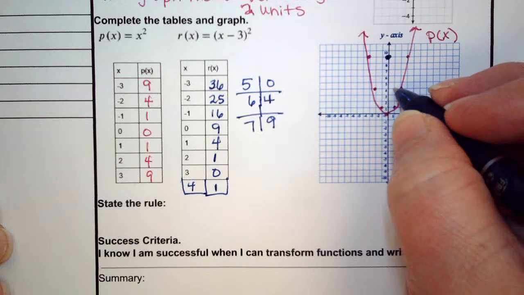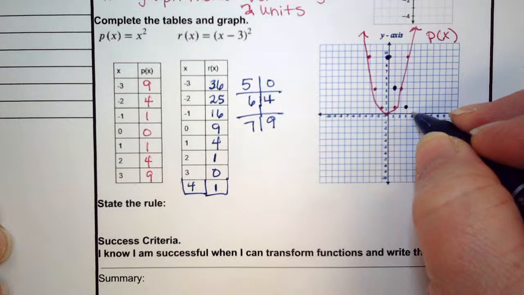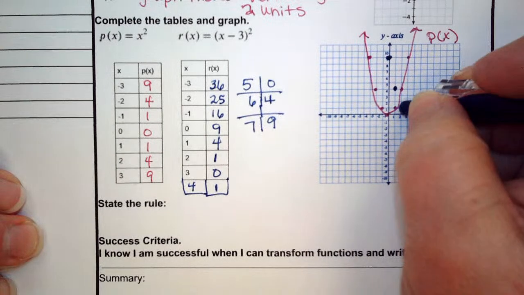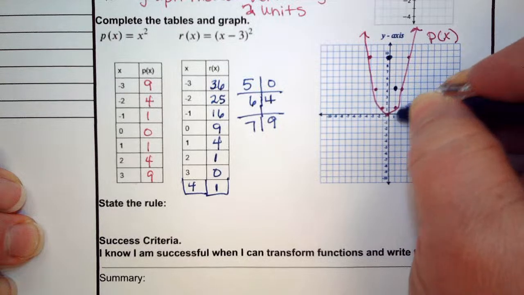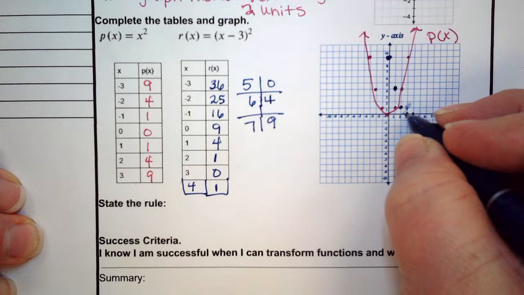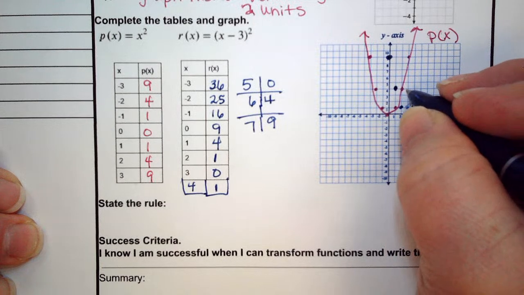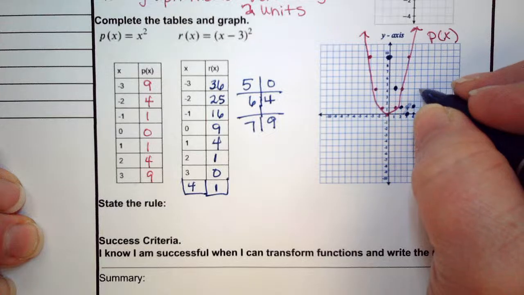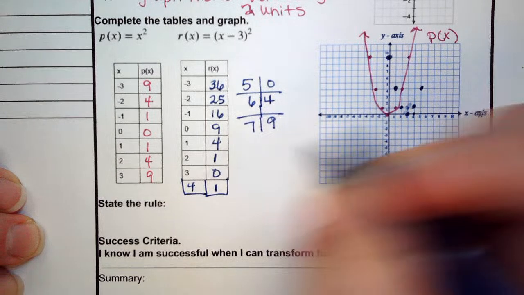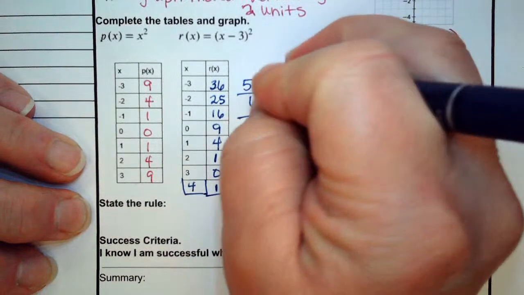I go up 4. 3, 1. 3, 0. 4, 1. 5, 4. Got off a little bit there, didn't I?